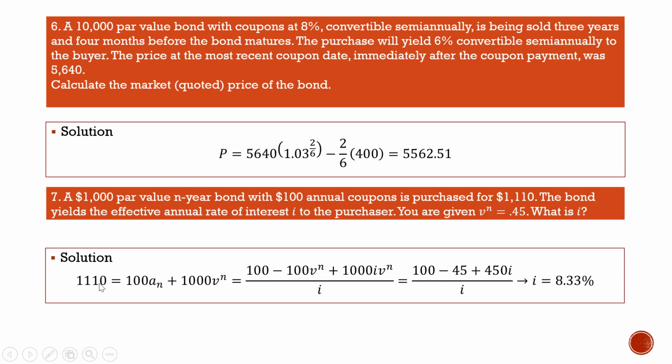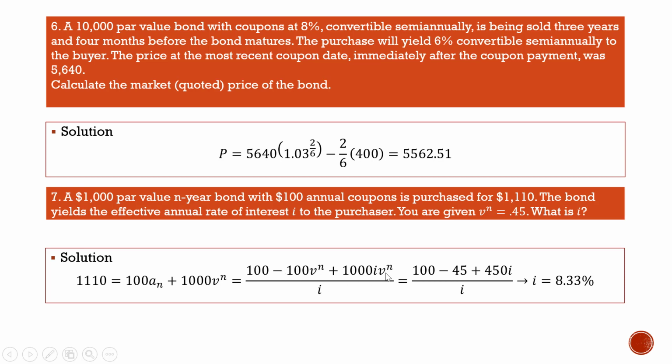So 1,110 is equal to 100 a_n plus 1,000 v^n, and derive a_n. a_n is 1 minus v^n over i. And then combine them together, we have 100 minus 100 v^n over i. The first two terms over i is 100 a_n.